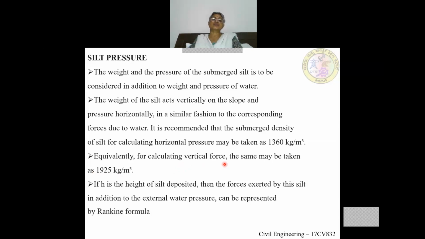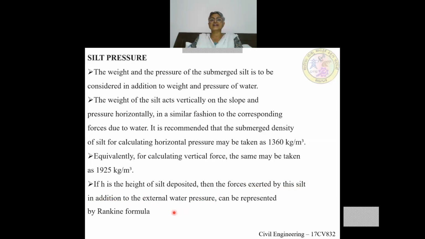Vertical force is due to the weight of the silt, so this density is taken at a higher number. If small h is the height of silt deposited, then the forces exerted by the silt in addition to the external water pressure can be represented by Rankine's formula.